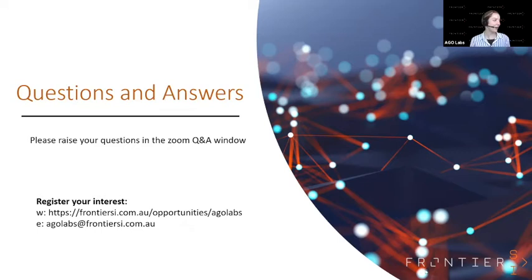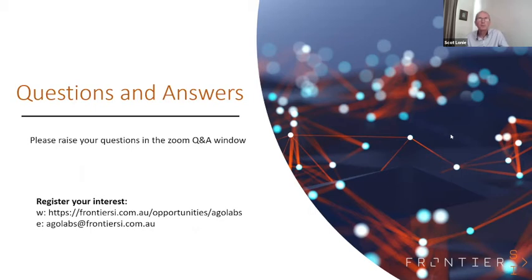Thanks, Phil. I've got a question here. How will other government agencies access the resulting data sets if they're developed? Will they be made public at all? That's a good question. We would certainly like the ability to share what we're doing here with AGO Labs, with other Commonwealth agencies, particularly the Australian intelligence community.